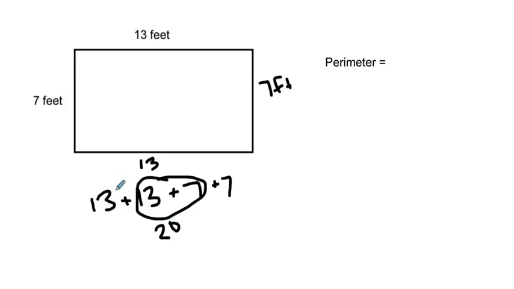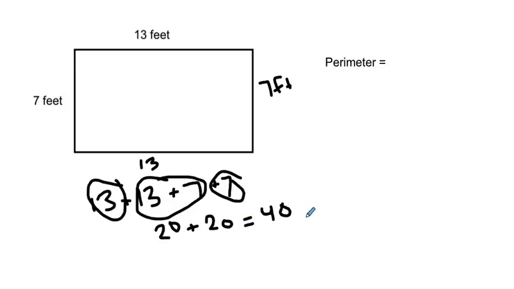So I can do 13 plus 7 and 13 plus 7 to make 20 plus 20. And that's going to be a lot easier for me to add. So 20 plus 20 makes 40. So the perimeter of this rectangle is 40 feet because we added up all of the sides to find the perimeter.